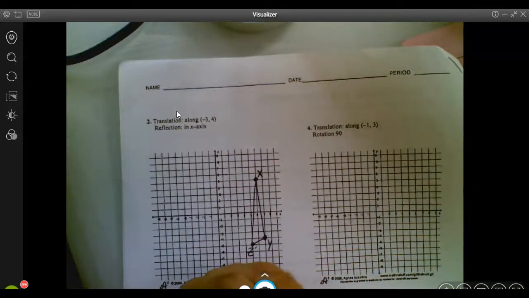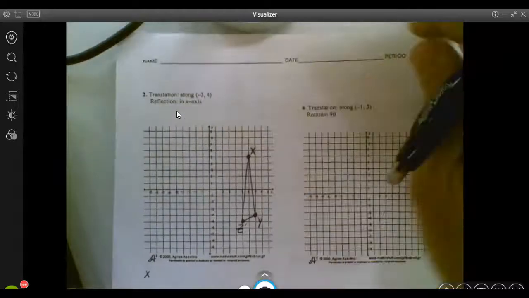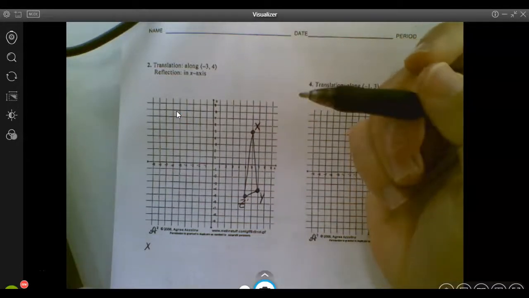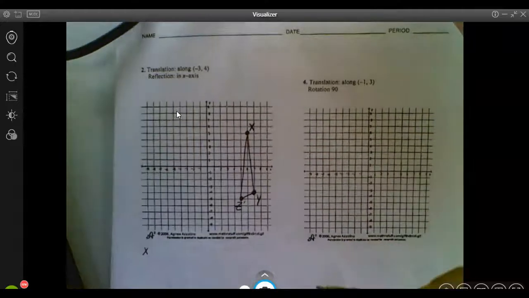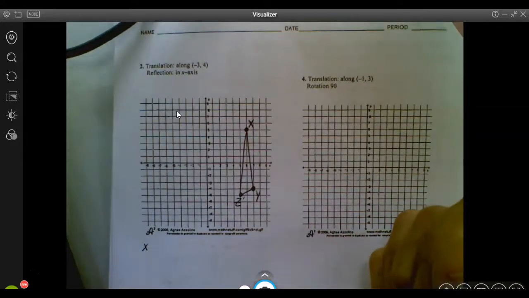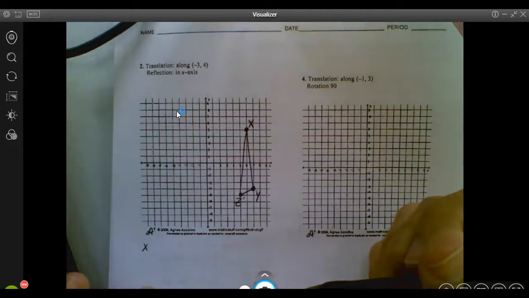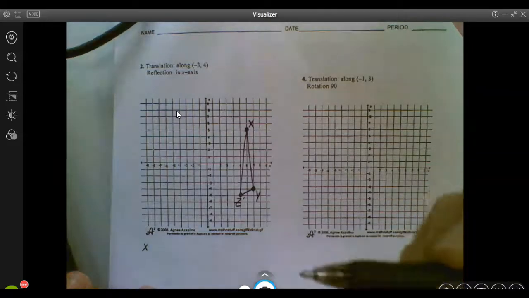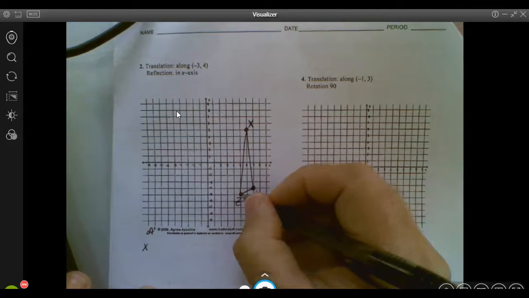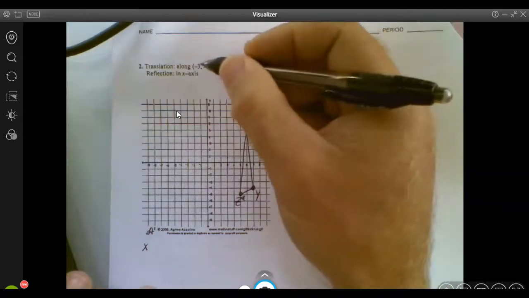On this one, just as an example, if you were asked to find the image and you don't want to graph it, because in some problems all they're going to ask you for is the answer, like the ordered pair for where this ends up, one approach would be this.